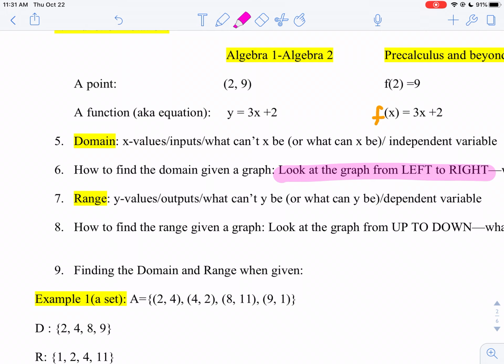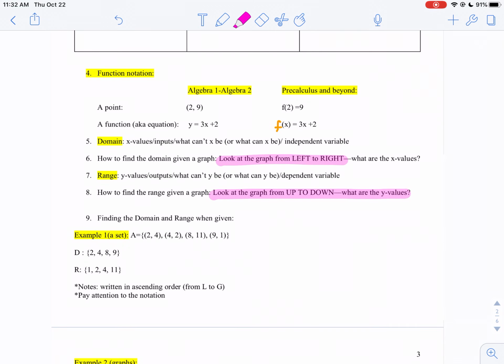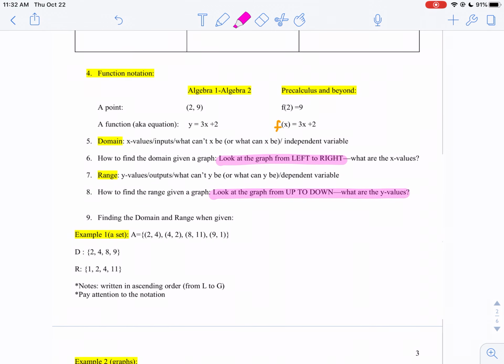As you do more of these, you will know which one to answer. We will go through a few examples and you'll see that. And this is basically your dependent variable. On the graph, if you want to find your range, you look up and down on the y-axis. Where is your function defined? Where does it start? What's the lowest value? What's the highest value? Does it go forever? Those are the two big words: domain and range, always associated with functions.